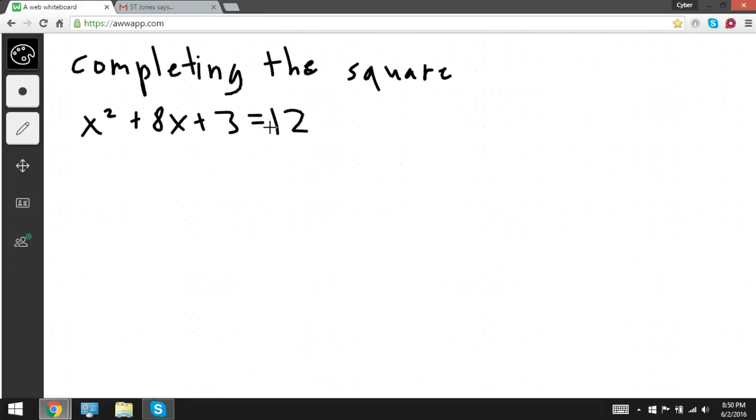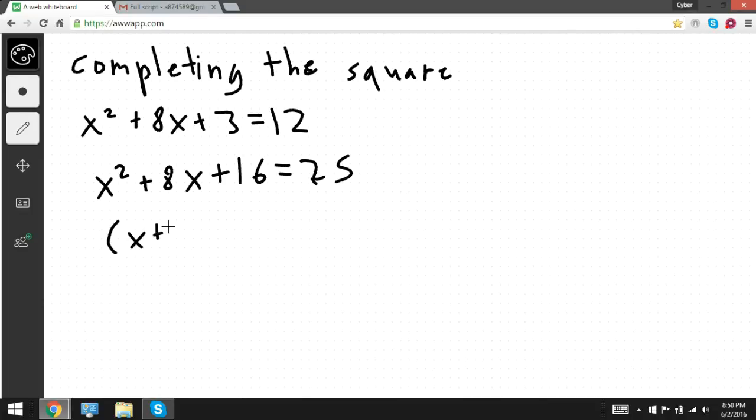There, that works. And what we want to do is make it so that that 3 is equal to 16, and that's because you take 8 divided by 2 and square it and get 16. 8 divided by 2 is 4, squared is 16. And the reason I got a 25 on the other side is because I had to add 13 to 3 to get 16, and I got 25 on the other side because 12 plus 13.